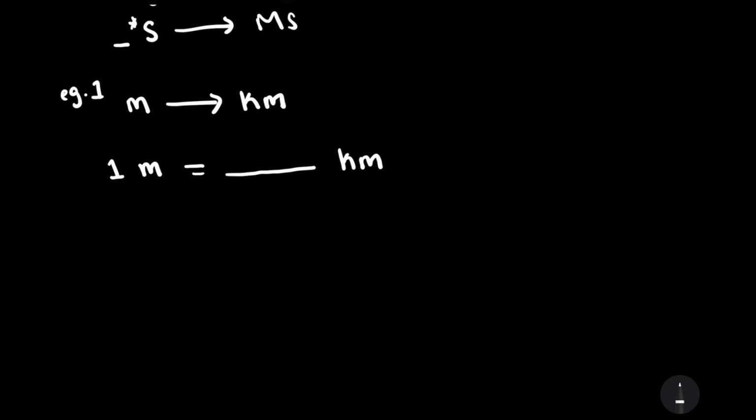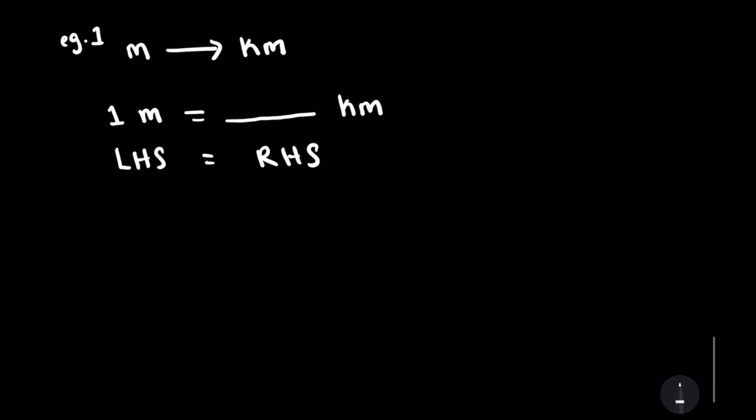And let's recall that with prefixes, what we're doing is multiplying out our variables, right? In this case, we want our left-hand side to be equal to our right-hand side numerically. We want 1 meter to represent a certain amount of kilometers.